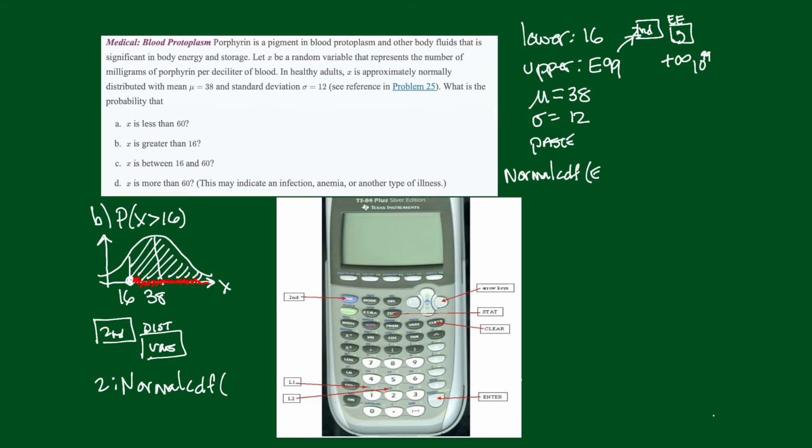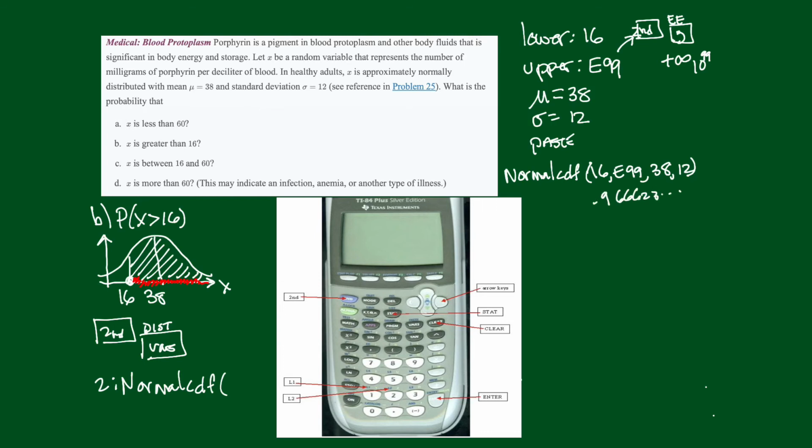What's our lower bound? Our lower bound is 16, so you're going to get 16. Then you get that E99, lower bound, upper bound. Then you get the mean, 38, the standard deviation, 12. Now, you can't see it all, right, because the screen's just not big enough. But you press enter.